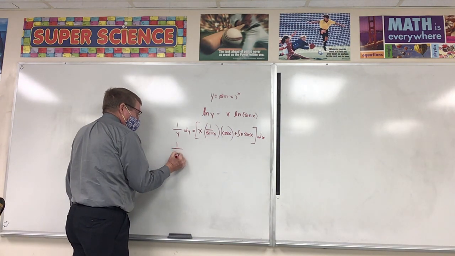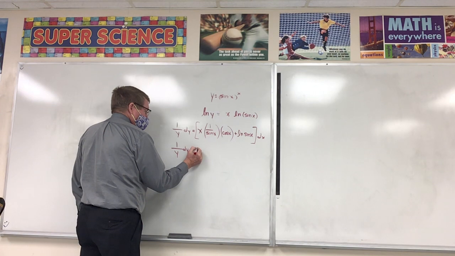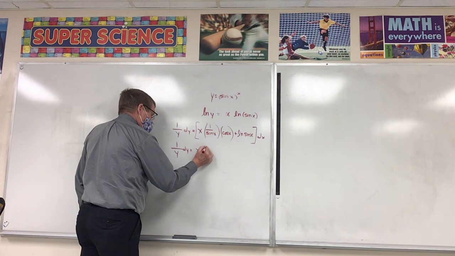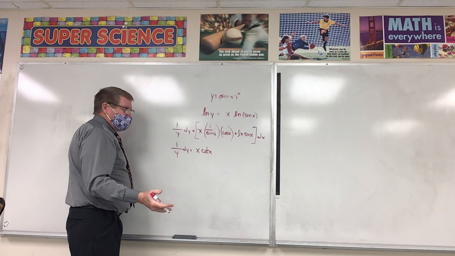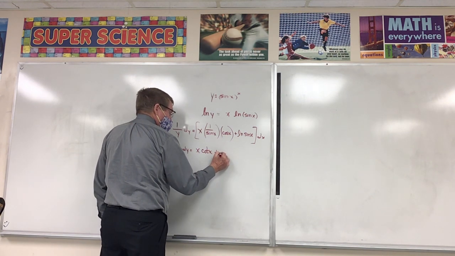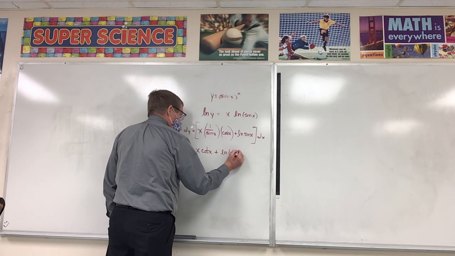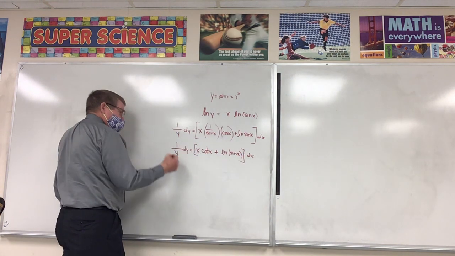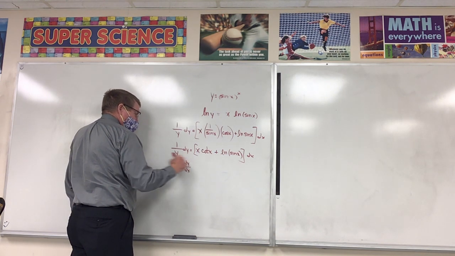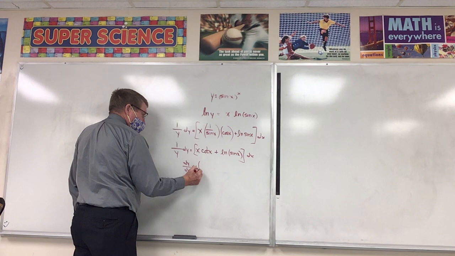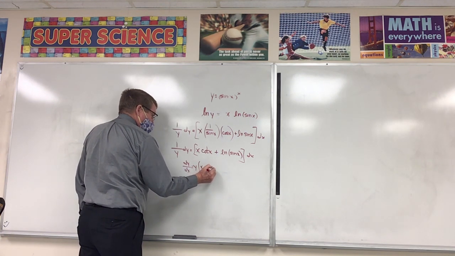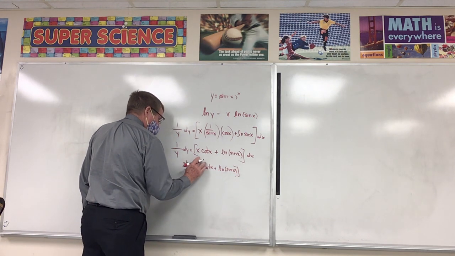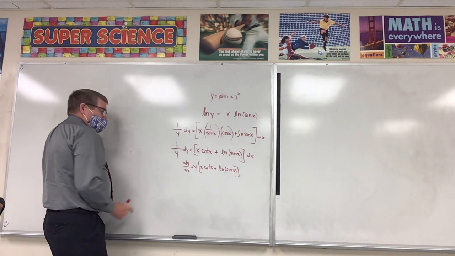If we simplify this, 1 over y dy equals x cotangent x plus ln of sin x, because cosine over sine is cotangent. Bring the dx over, so I get dy over dx equals y times x cotangent x plus ln of sin x.